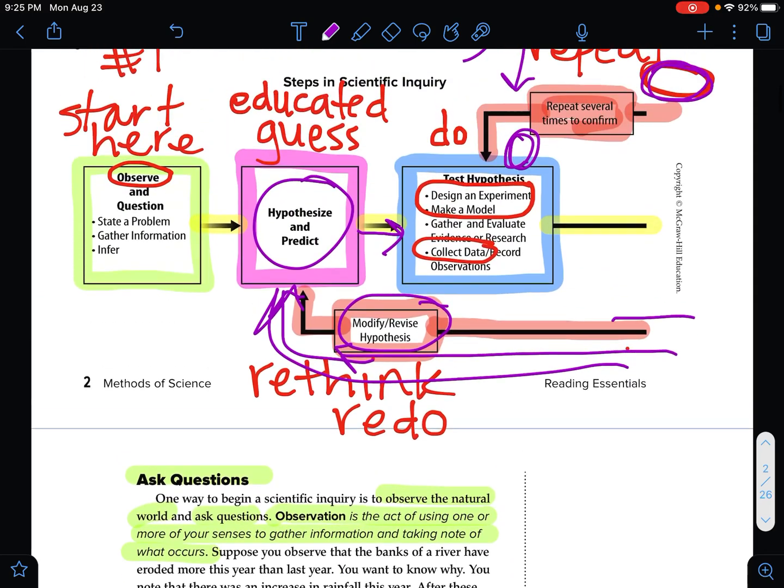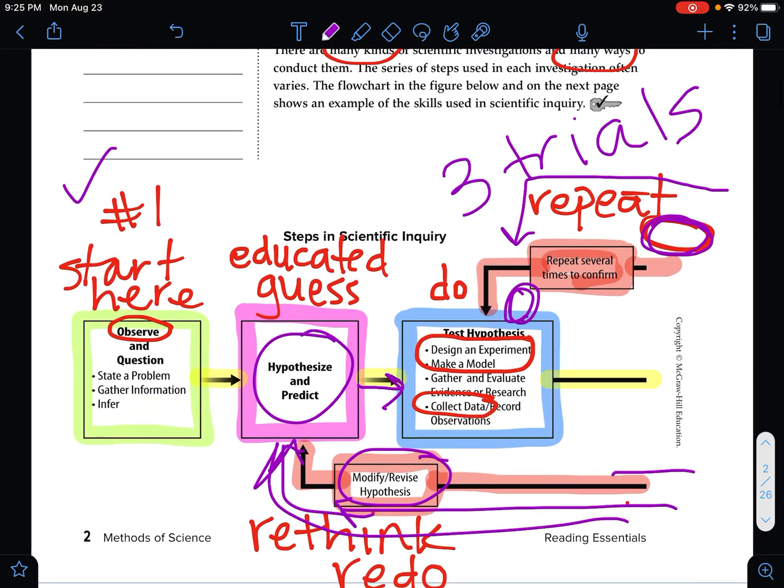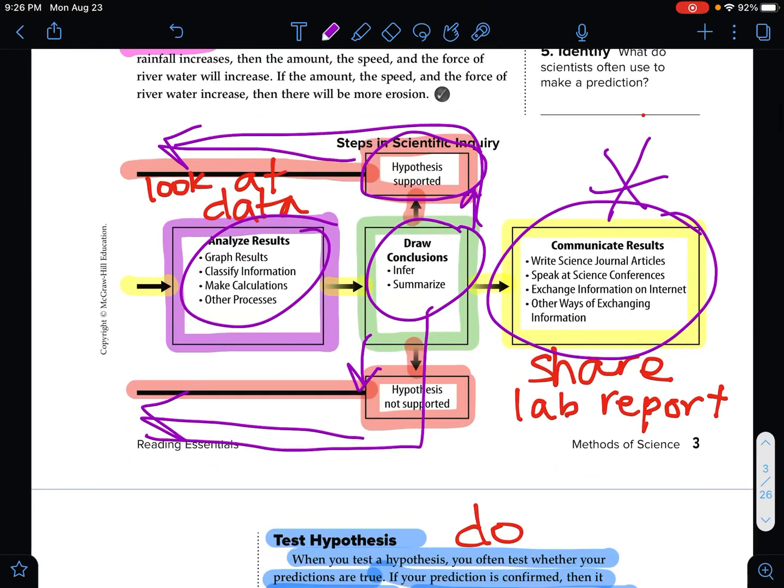So to rethink that or re-look at this, you're going to start here. You're going to make an observation and question. Have a question, pose a problem, state a problem, write a hypothesis, test your hypothesis. That's the doing of your experiment. You're going to come down here and analyze your results and draw a conclusion. Was your hypothesis supported? Yes.